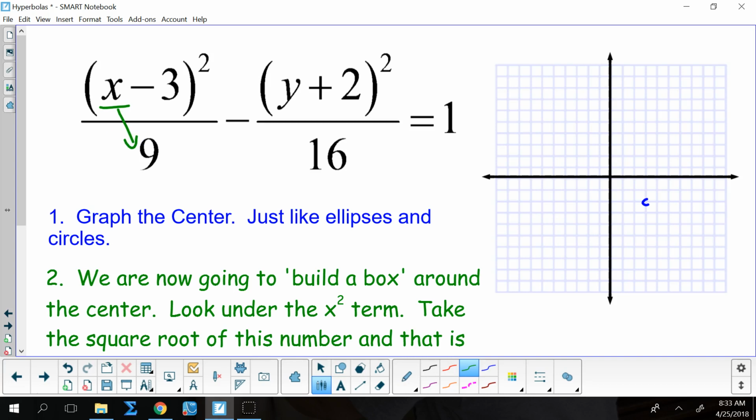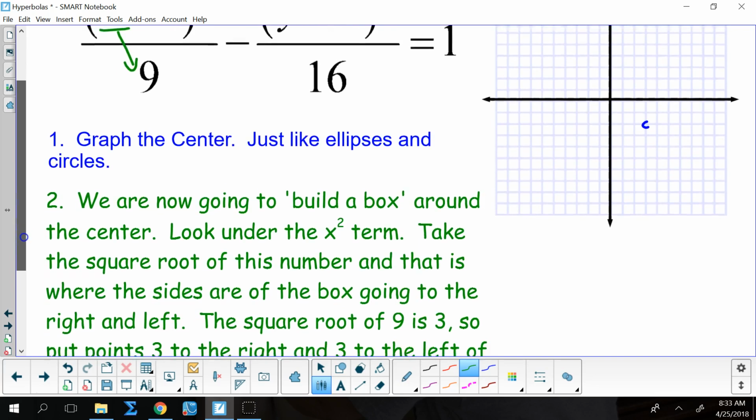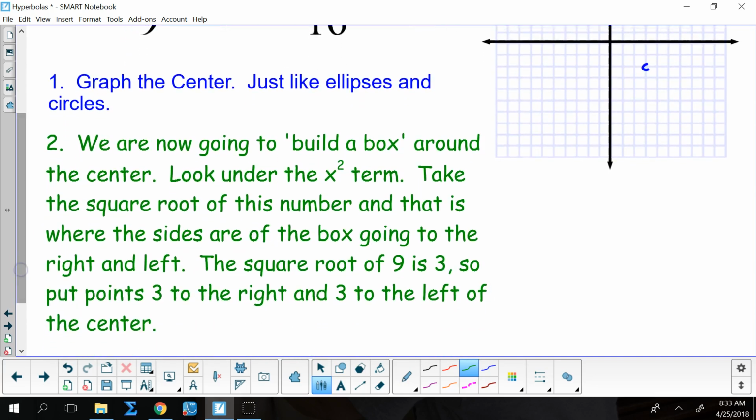I'm going to take the square root of that number, which is kind of like what we did in ellipses. Then I'm going to go left and right from the center that many. The square root of 9 is 3, so I'm going to go left 3 and right 3.